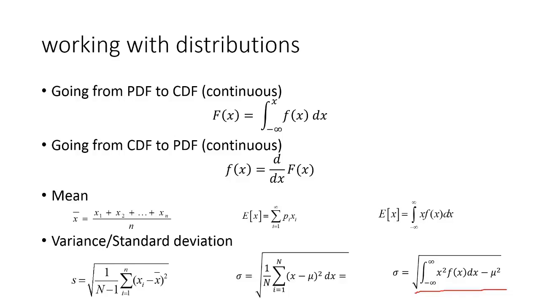And here actually this would not be dx, this would just be the probability, so it would be p of i out here, right? But out here it would be dx and it would be f of x because it represents that.